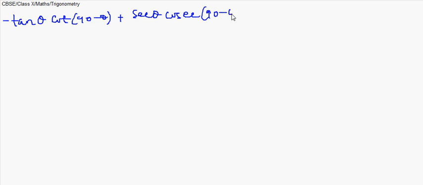It will be minus tan theta cot(90 - theta). Tan theta cot(90 - theta) plus sec theta cosec(90 - theta) plus sin square 35 plus sin square 55.